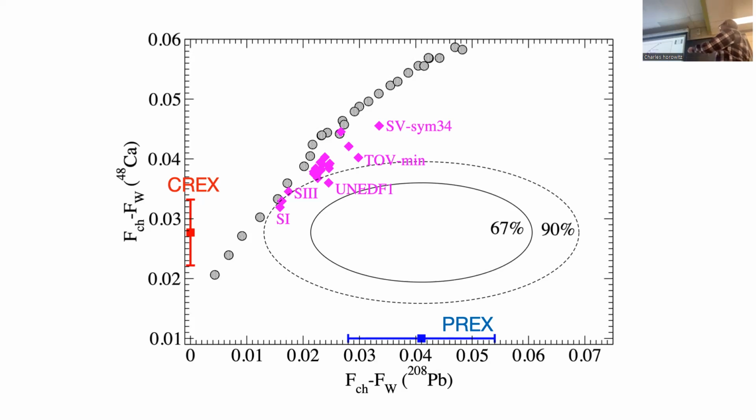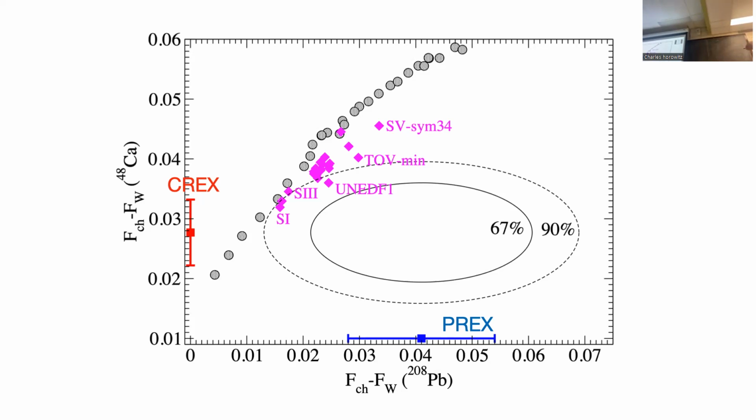And then here, this density dependence is large and positive. So this is very low pressure, and this is very high pressure for neutron-rich matter. And then these are non-relativistic density functionals, just basically a random sampling of a bunch of them.